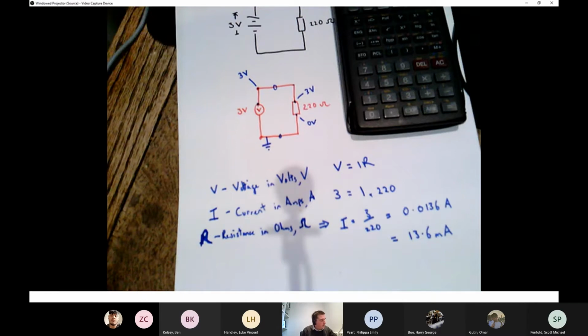And the current through the resistor is 13.6 milliamps. That's 13.6 times 10 to the minus 3. So the power is going to be 0.0409 watts, and that's 40.9 milliwatts.